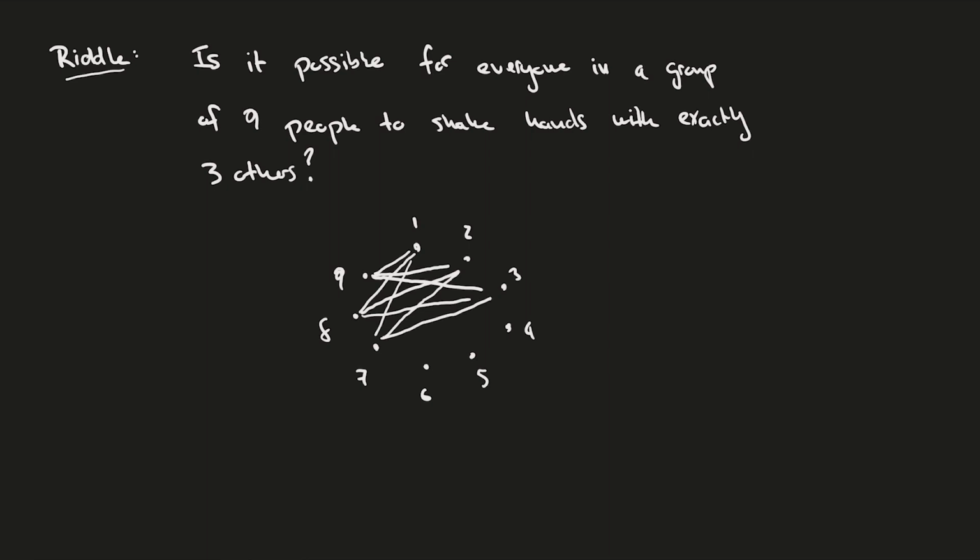7 and 3, maybe. And now we see that we have a problem, namely that there are no people left for 6 to shake hands with. Thus 7, 8, 9, 1, 2, and 3 have all shaken hands with exactly 3 people.